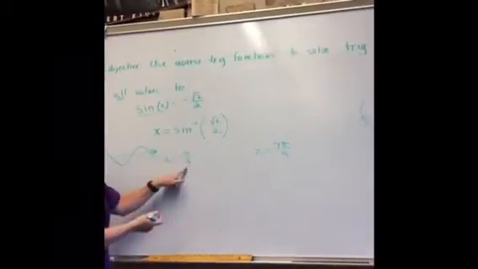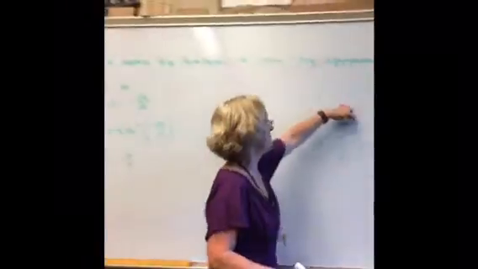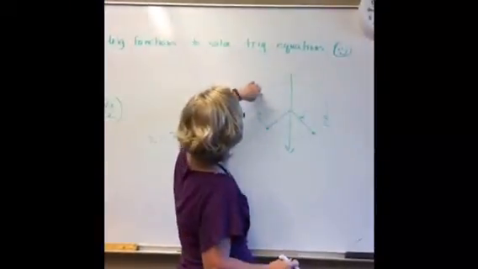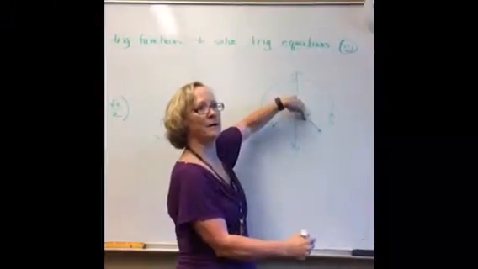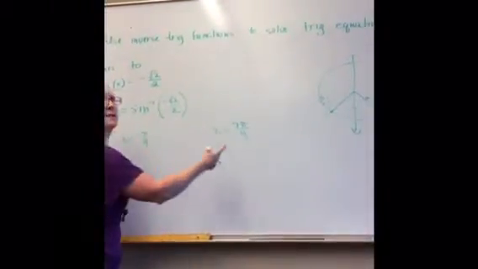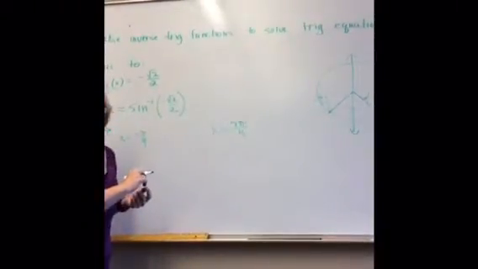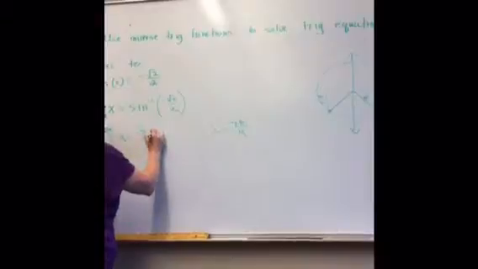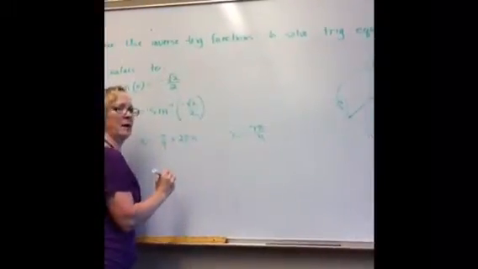If you have this or this, those are both correct, because negative pi over 4 is here, but if I go 2 pi away from it, I get 7 pi over 4. So either one of these, they're actually the same starting point. And then I add every 2 pi.